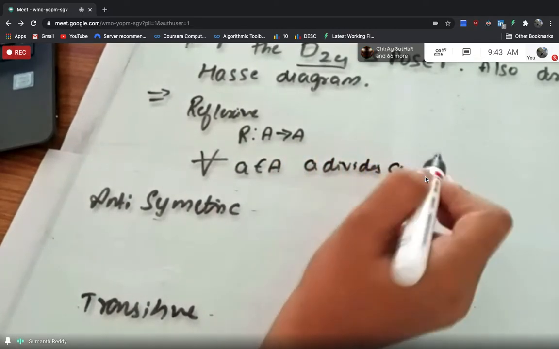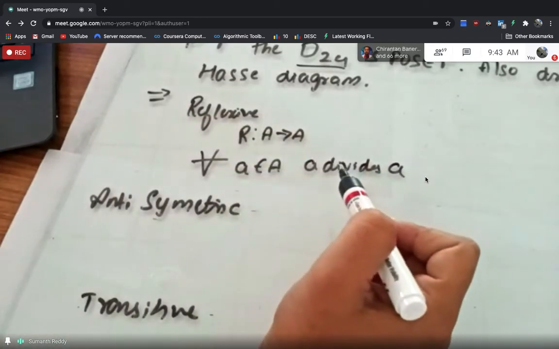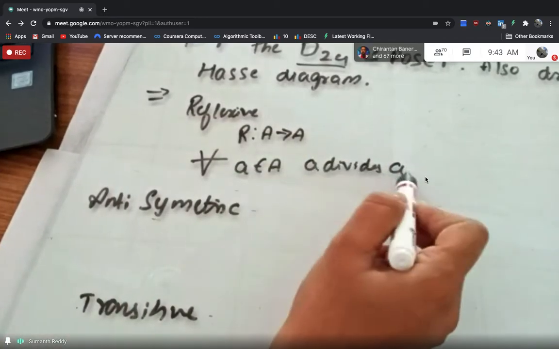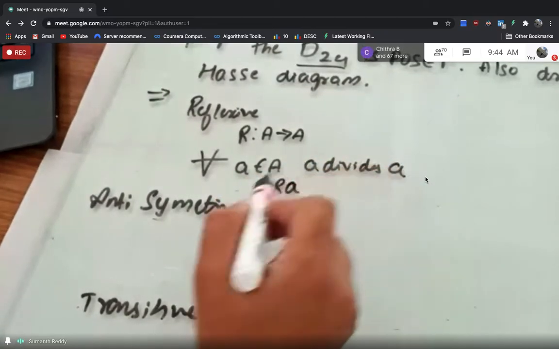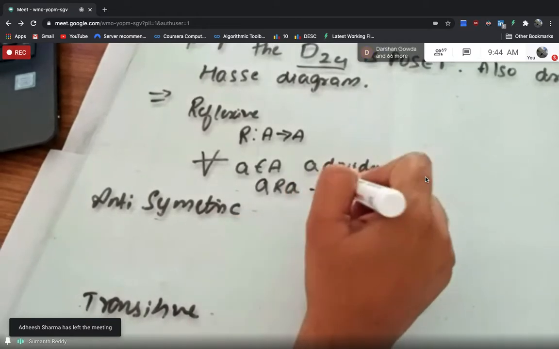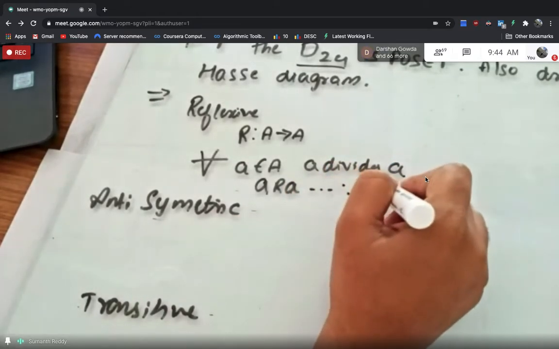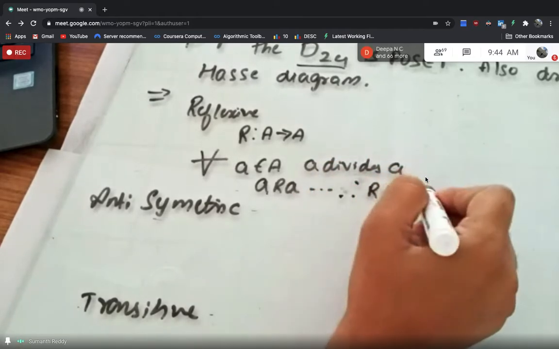Every number divides itself. Here the operation I am checking is divisibility. If a divides a, I can write it as a is related to a itself. If an element is related with itself, that property we call reflexive. Therefore R is reflexive.